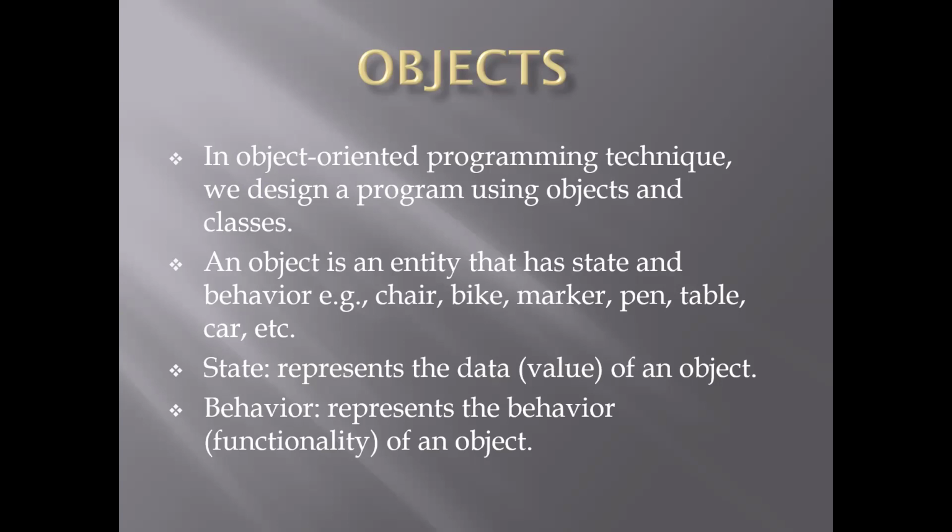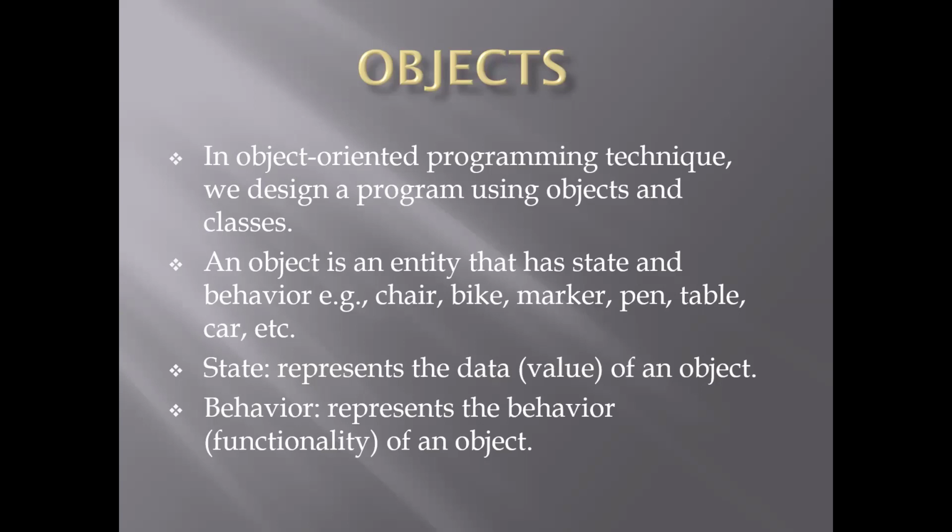Now in Java, let's talk in more detail about objects. So what is an object? In object-oriented programming, we design a program using objects and classes. An object is an entity that has a state and behavior. We just said that a while ago.